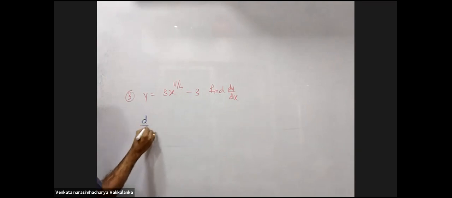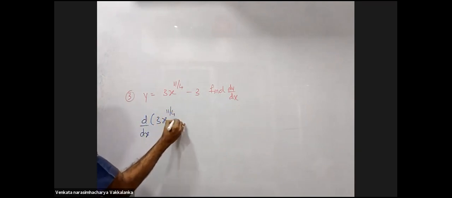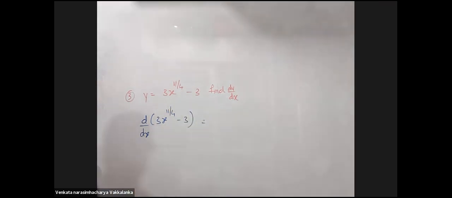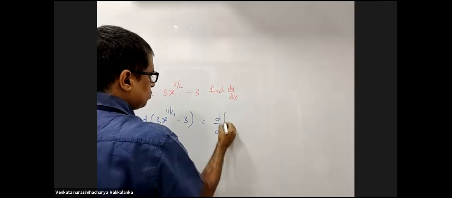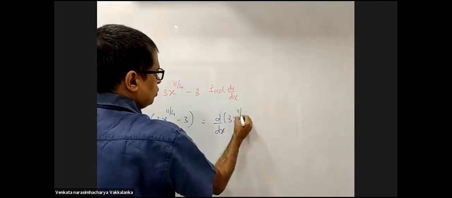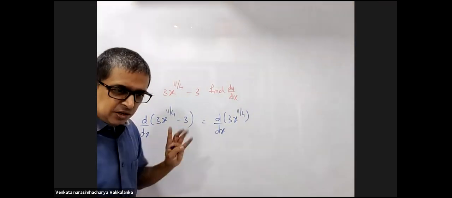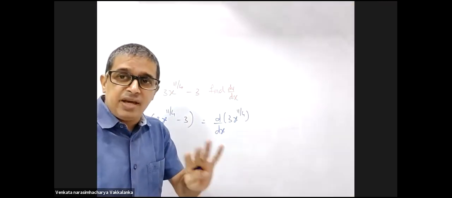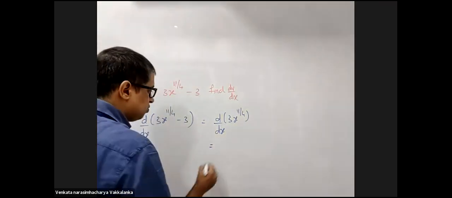d by dx of 3x to the power 11 by 4 minus 3. This will be d by dx of 3x to the power 11 by 4. Can I skip differentiation of 3? Yes, sir. Differentiation of a constant is 0.